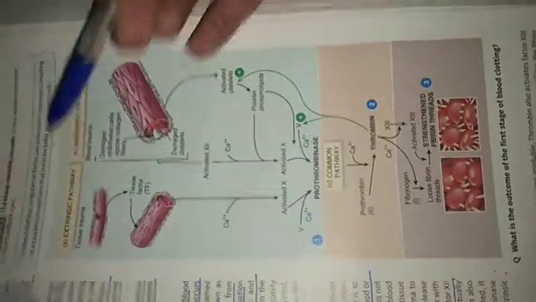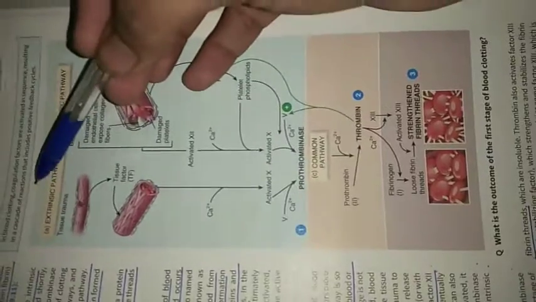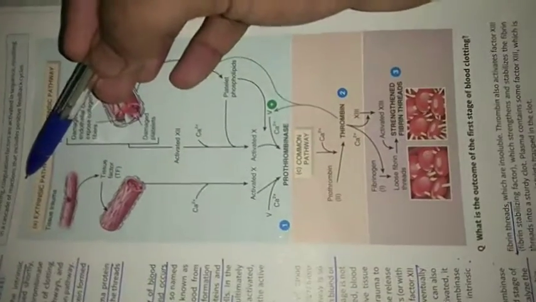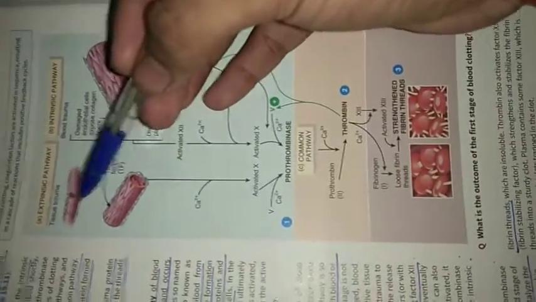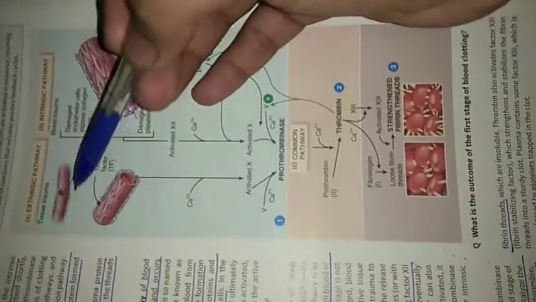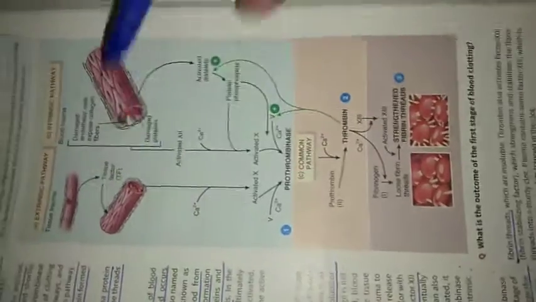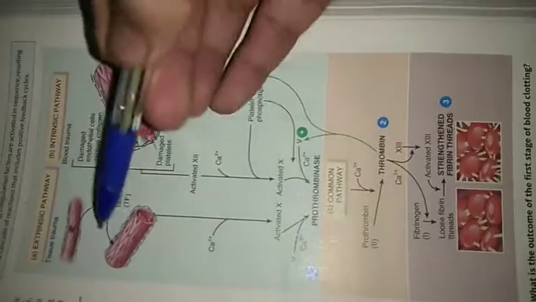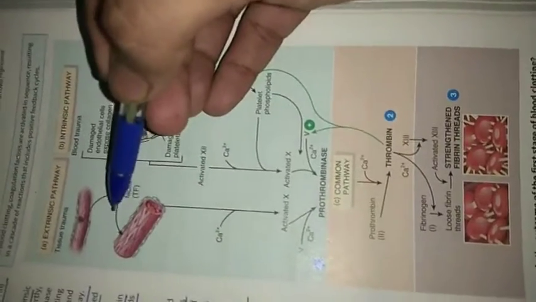In this diagram, you are seeing the extrinsic pathway and intrinsic pathway. First, we will see the extrinsic pathway, how it gets activated. The extrinsic pathway is activated when the tissue gets damaged, and the external tissue secretes a tissue factor, also known as thromboplastin.